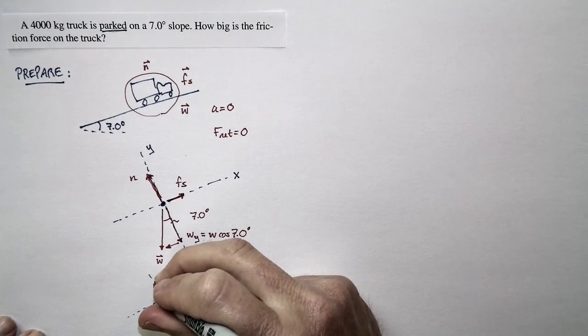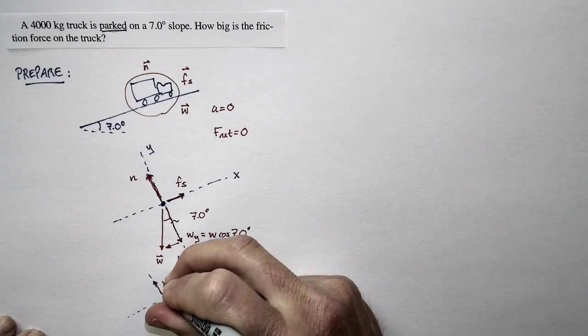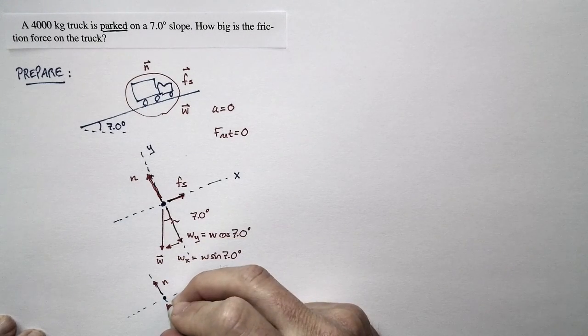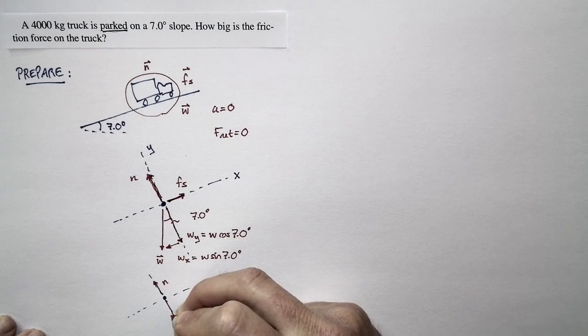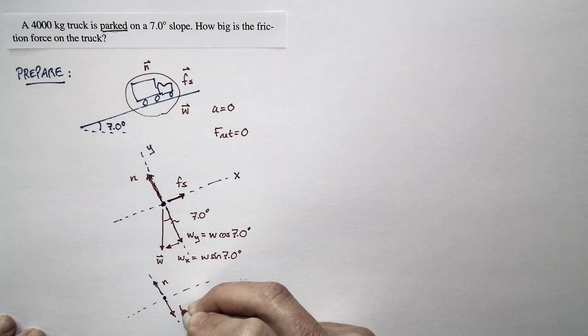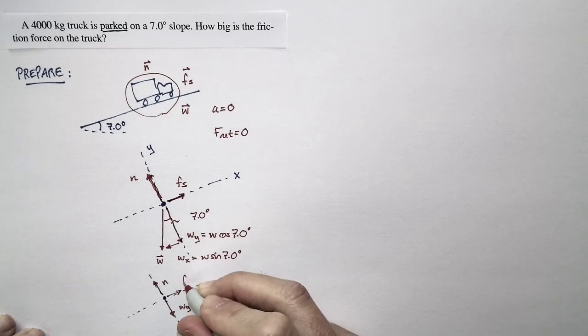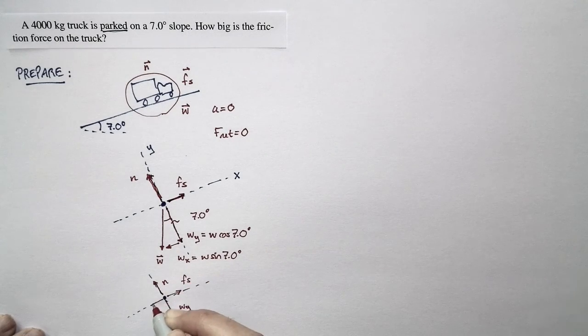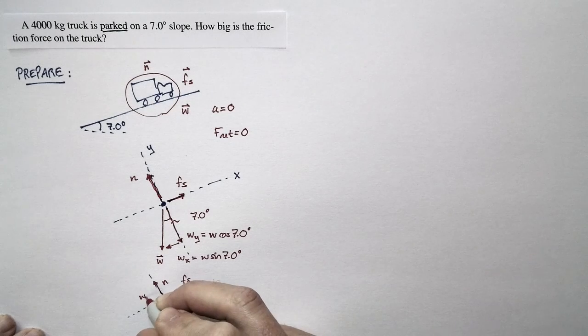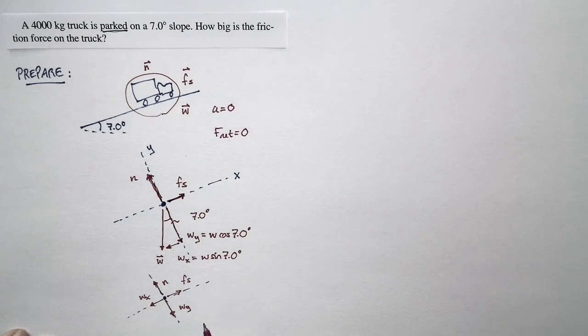I've got a normal force, which acts upward, and by upward, I mean in the positive y direction. I've got the y component of the weight force, which acts downward, and so this way. I've got a static friction force, which acts up the slope. And I've got a component of the weight force, which acts down the slope, like so. This is my complete free body diagram.